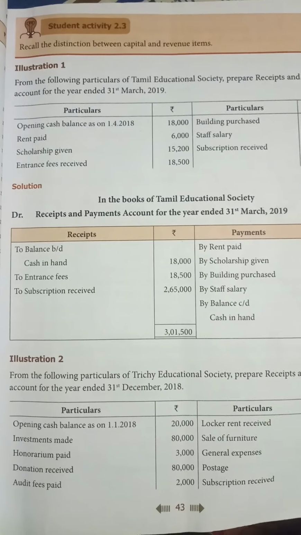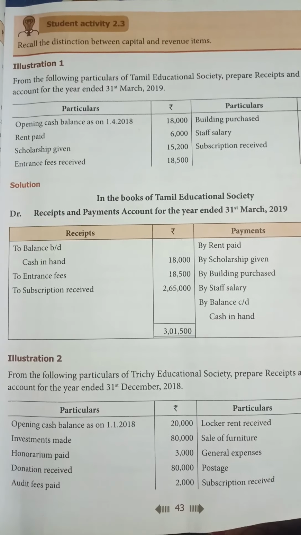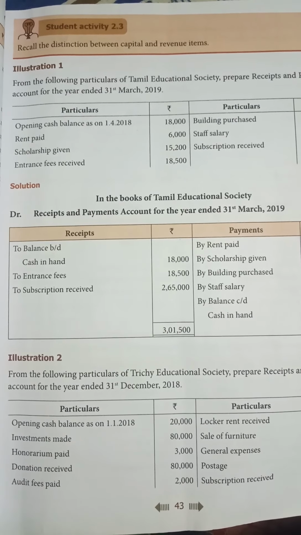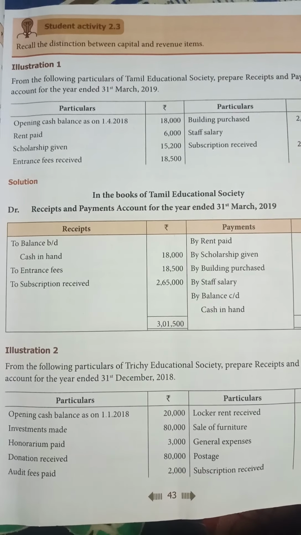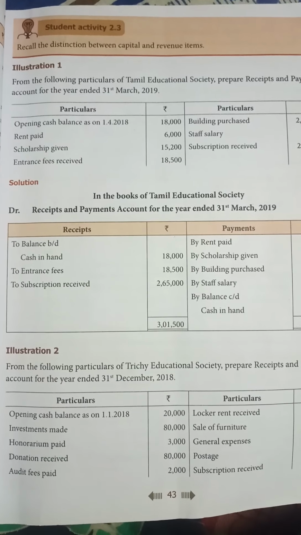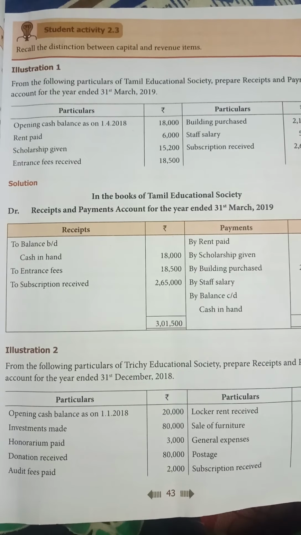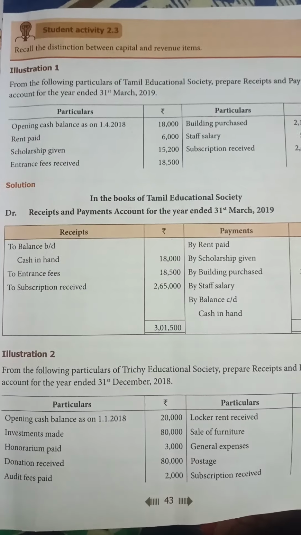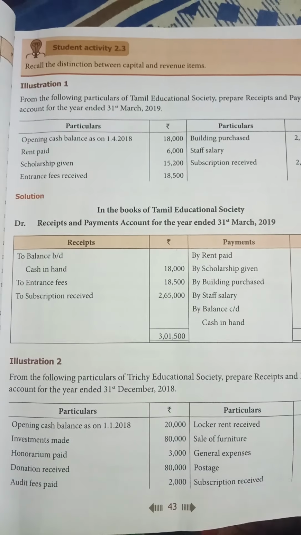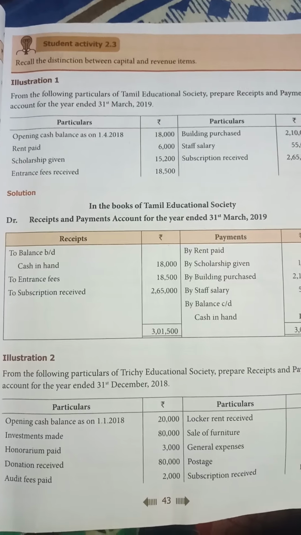Then we always have to start off with the opening balances of the account and end with the closing balances. Mostly you will be given cash and also bank account balances. In that case, you have to find out one of these balances.